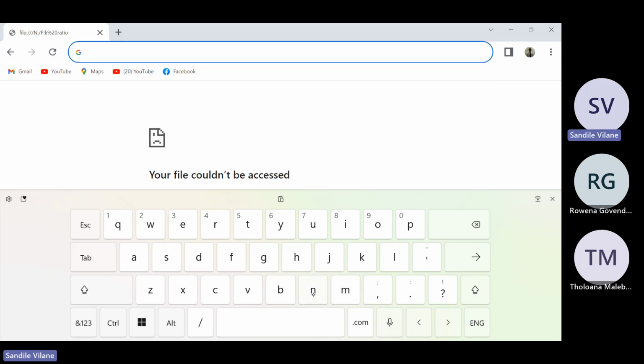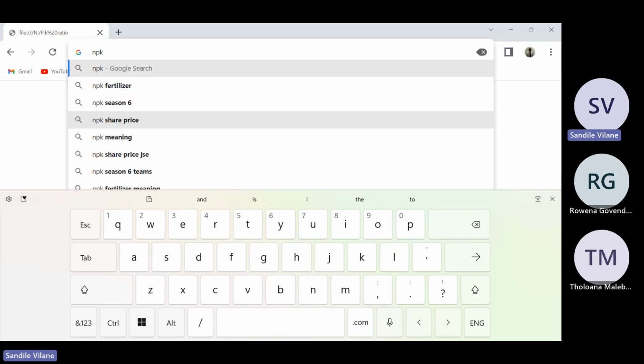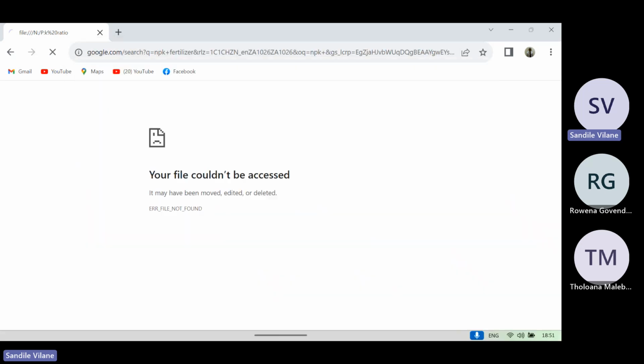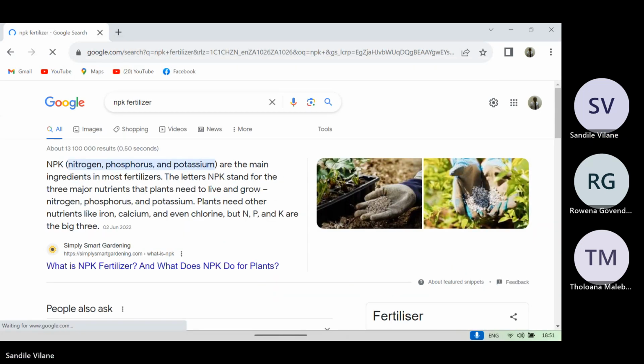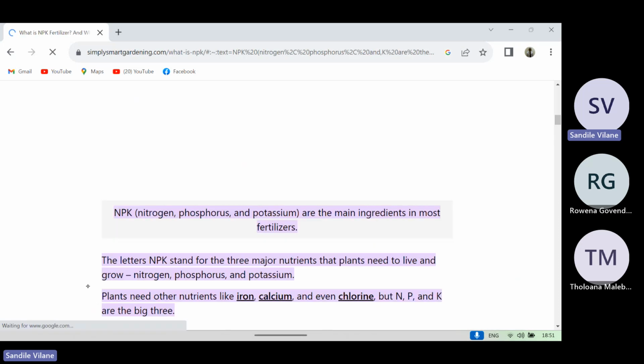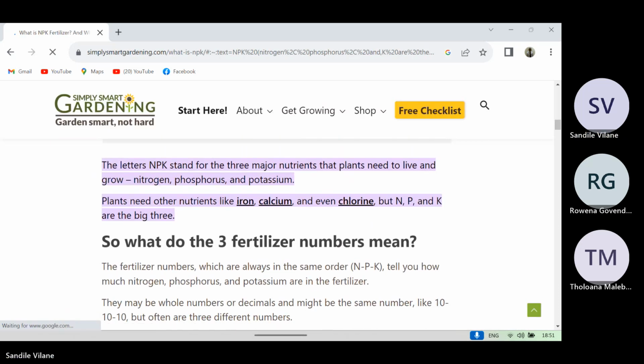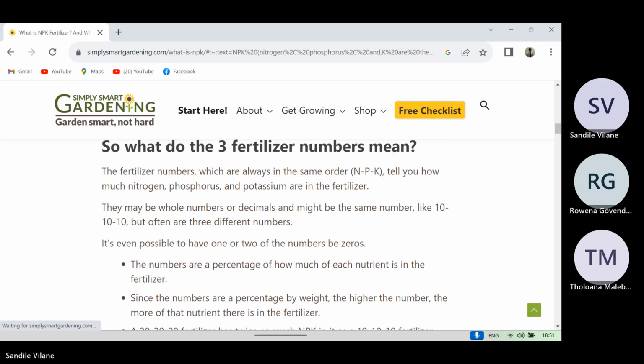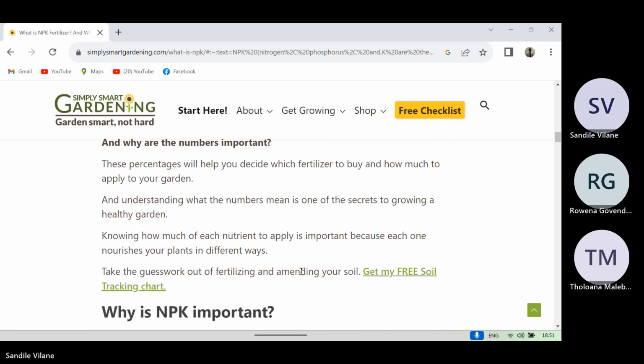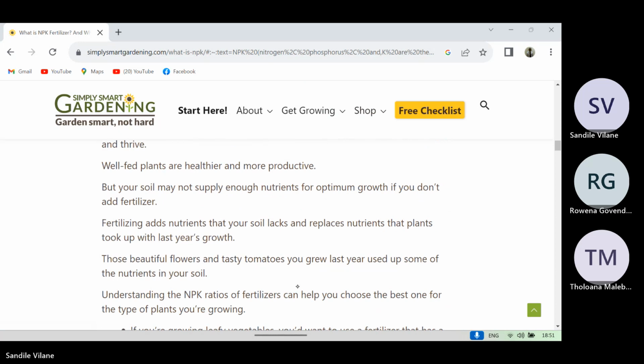Oh, I see what is happening here. I should just do NPK fertilizer. So it's nitrogen the letter stands for. And then what is nitrogen important for?